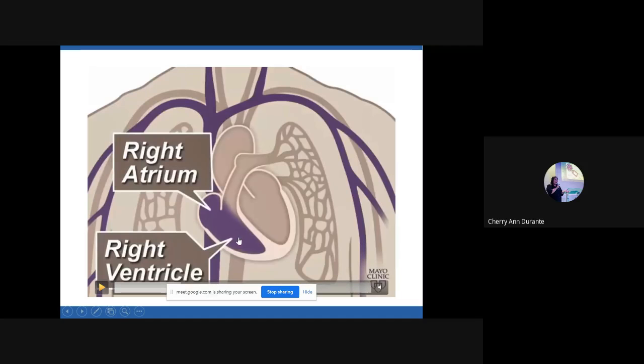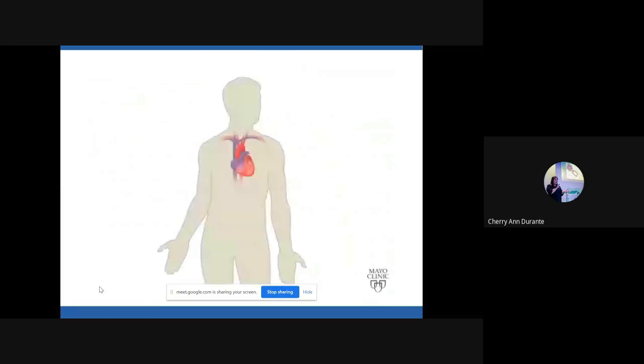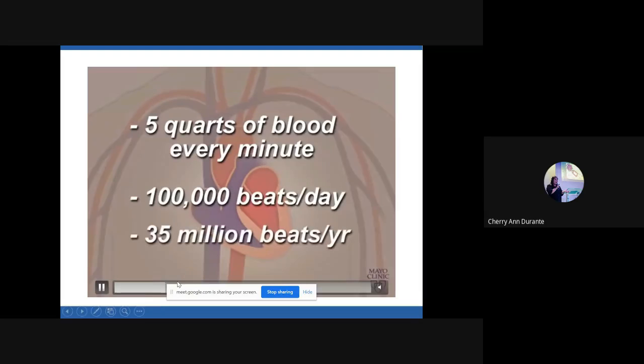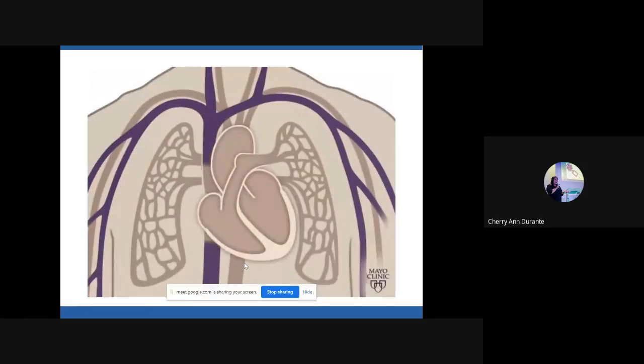So as you can see, this is blue blood, signifying unoxygenated blood. And then it will now go to the pulmonic valve, to the only arteries that carry unoxygenated blood. This is your pulmonary arteries. So your pulmonary arteries, doon pupunta yung unoxygenated blood natin.